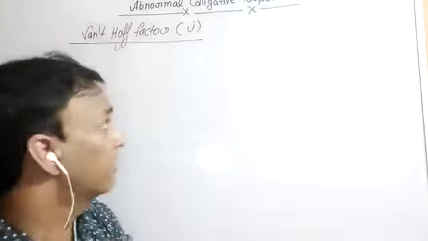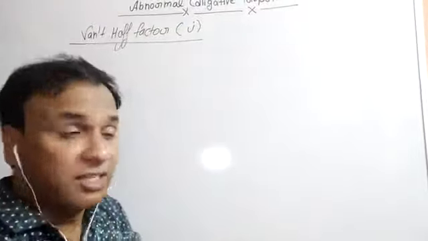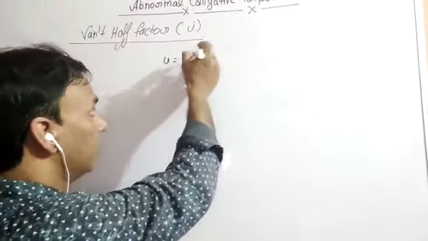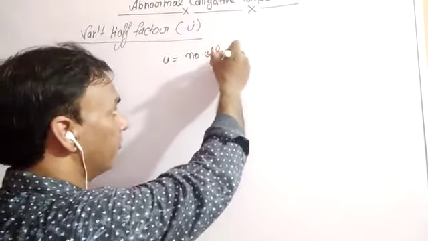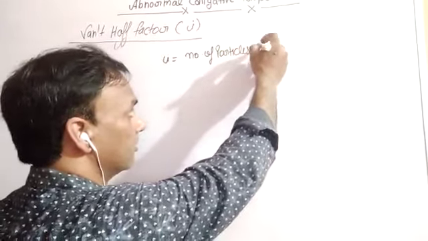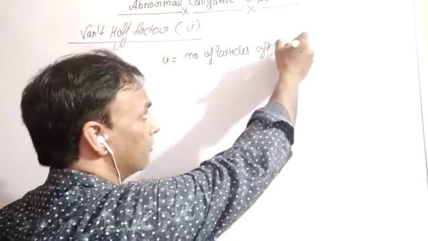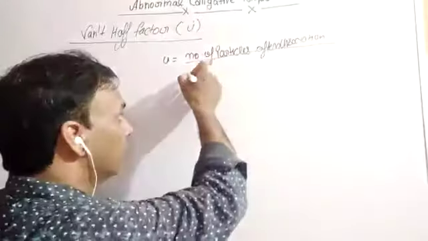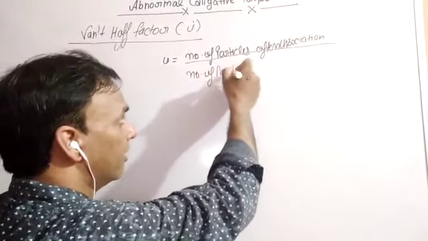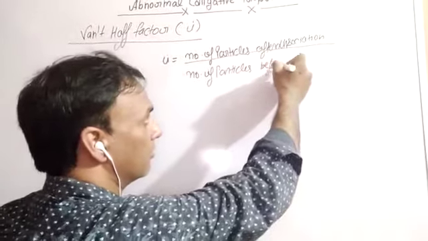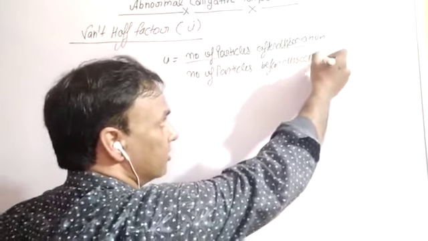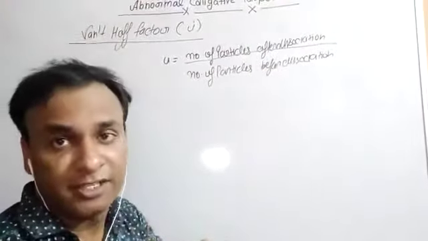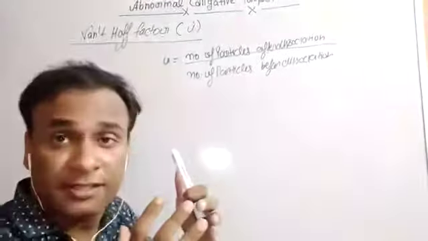It is represented by i, and the Van 't Hoff factor means i equals the number of particles after dissociation upon the number of particles before dissociation. This formula is valid when complete ionization of the electrolyte is taken.